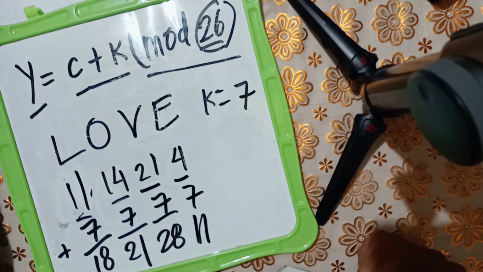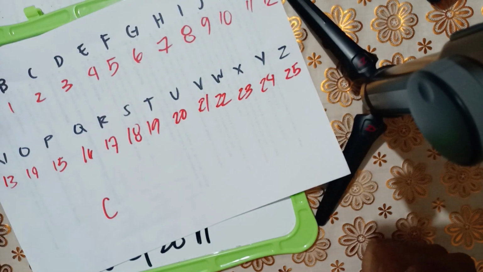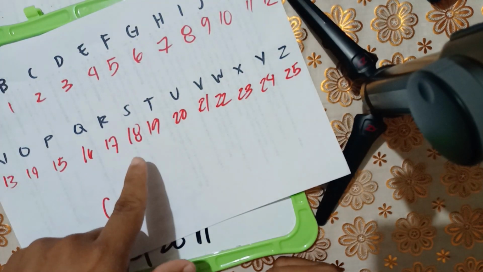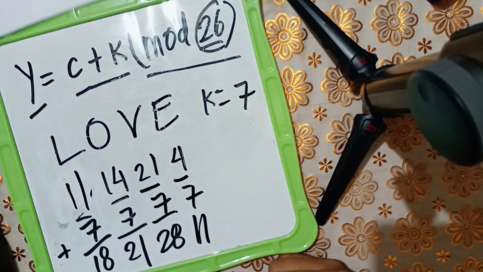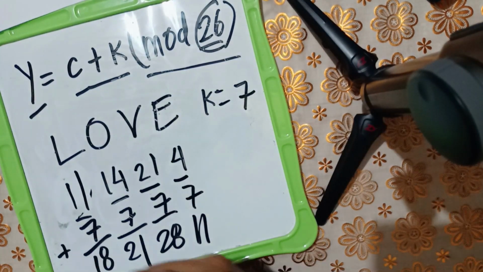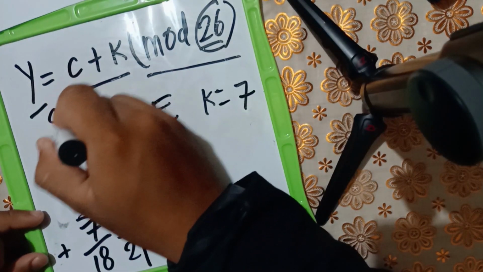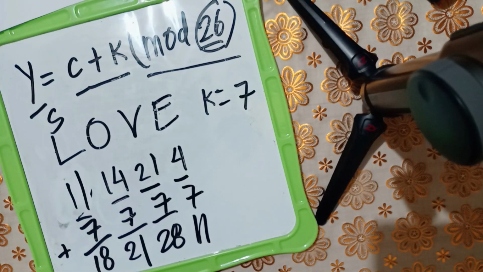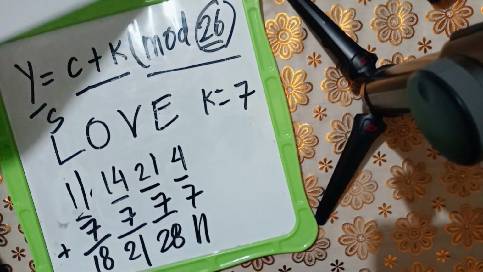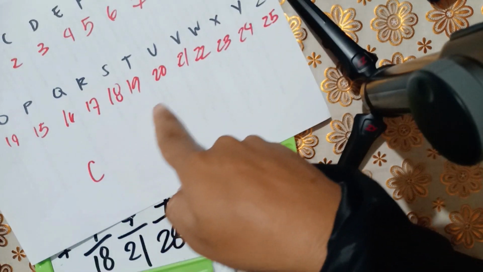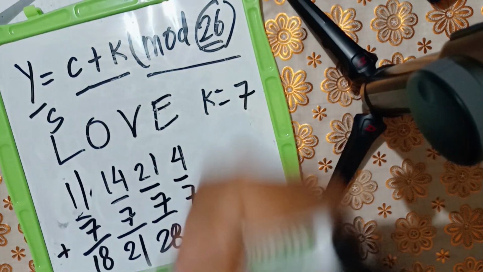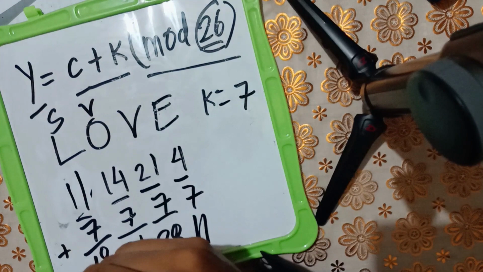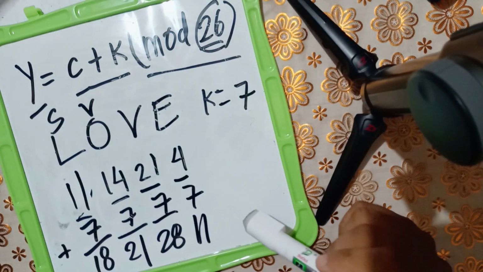So 18 here in our chart is S. So L becomes S. And our O is 21, so let's find the 21 here, B. So O becomes B if we encrypt it using the modulo operator.